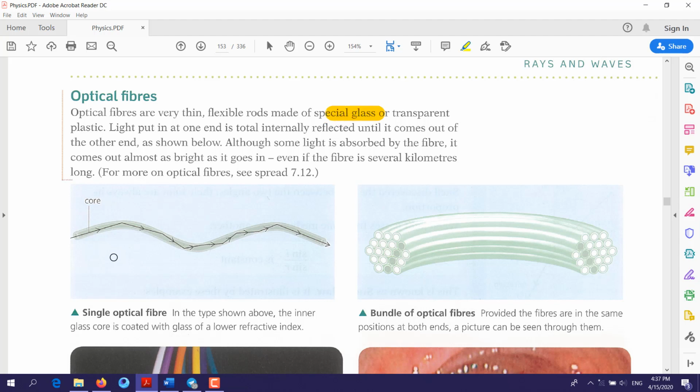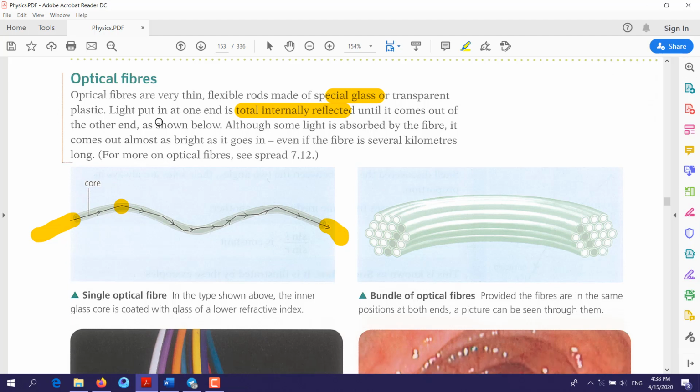So the light passes through it. When the light passes through it, there will be total internal reflection. So the light will keep reflecting inside it until it goes out from this side.